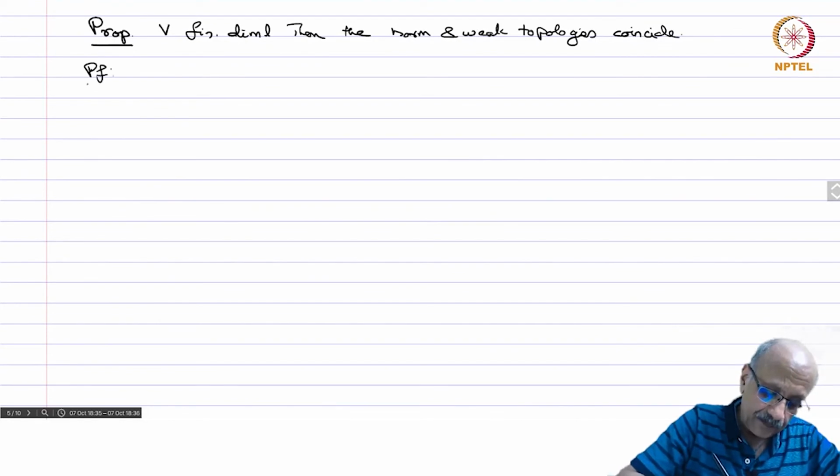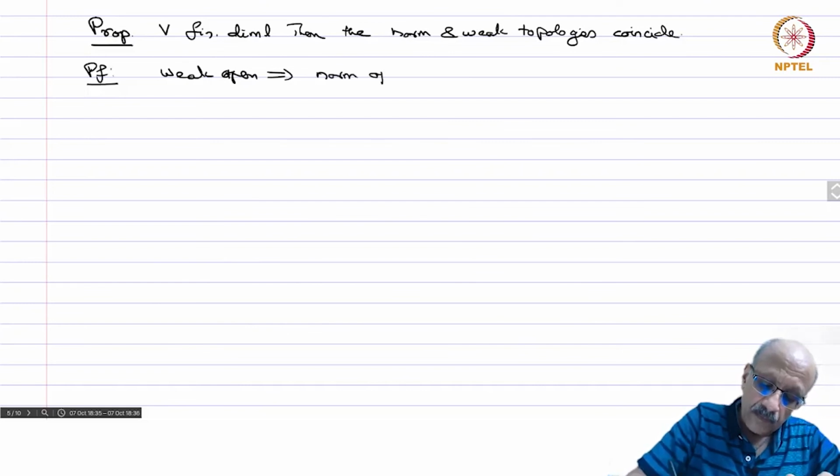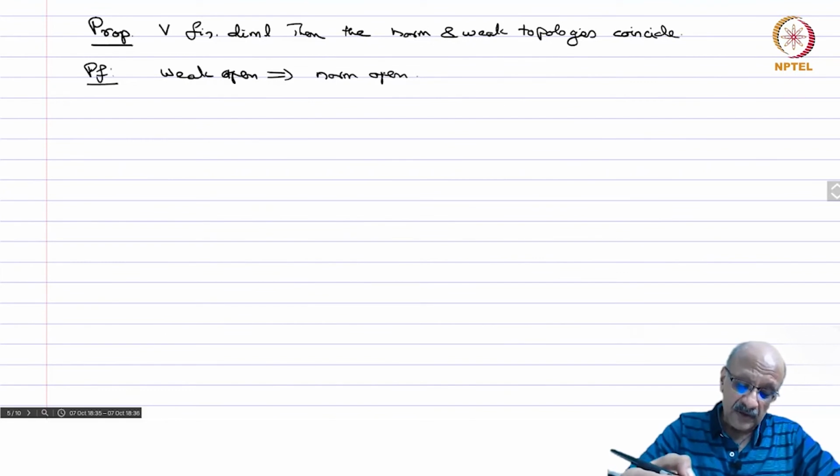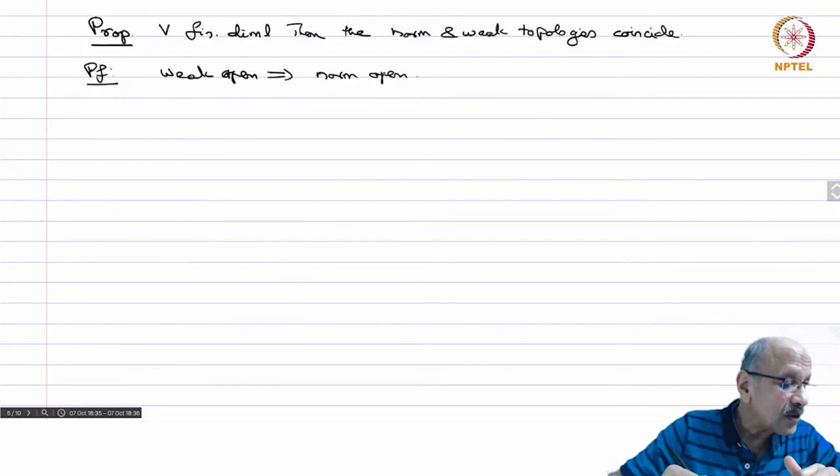Okay. So proof. Okay, so weak topology, weakly open implies norm open, because the norm topology is much bigger, weak topology is a smaller topology, so every element of the weak topology is a member of the norm topology.